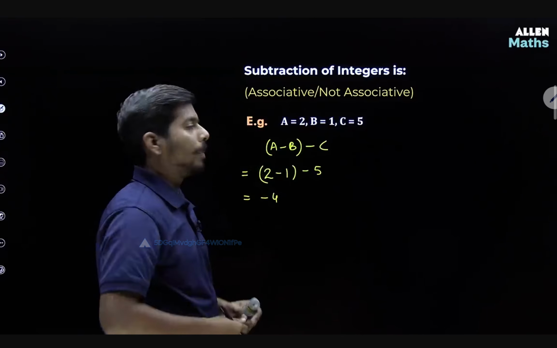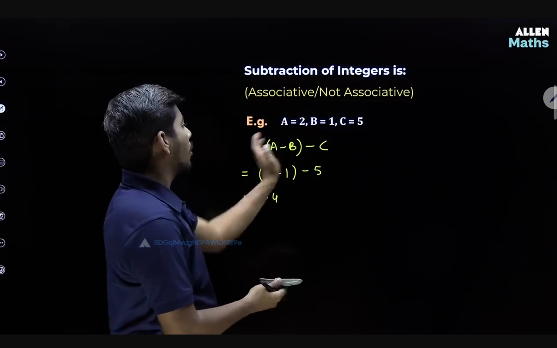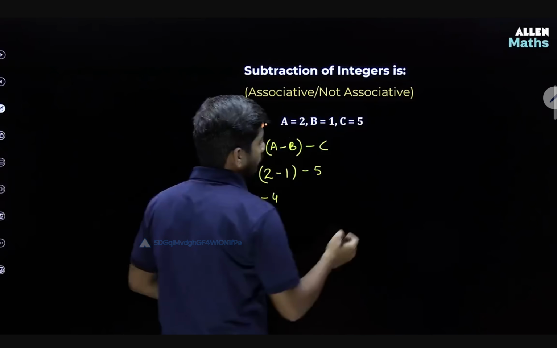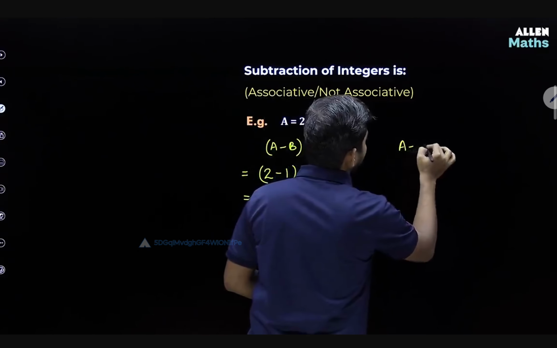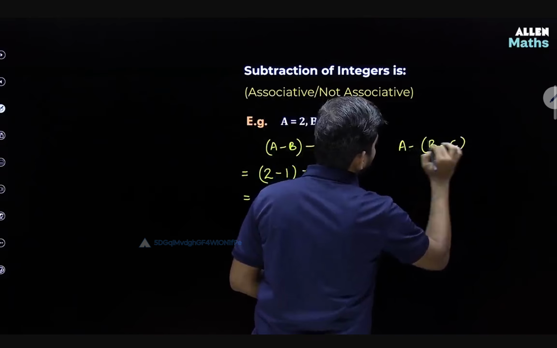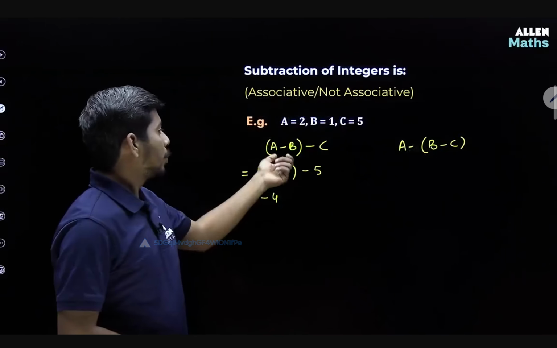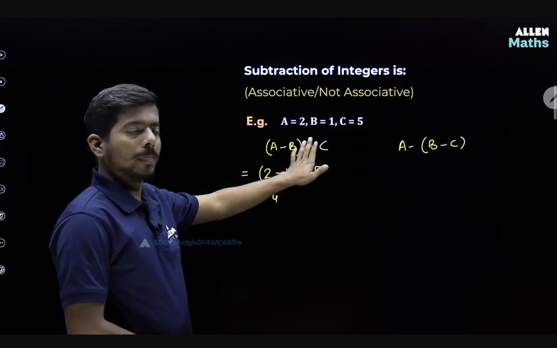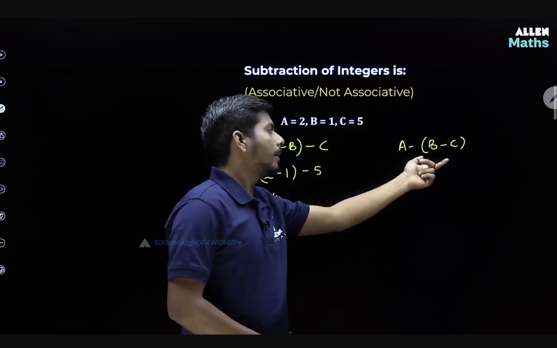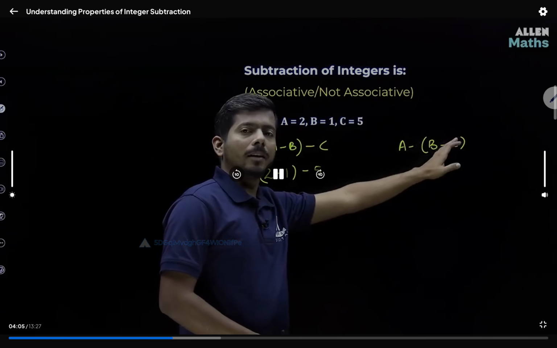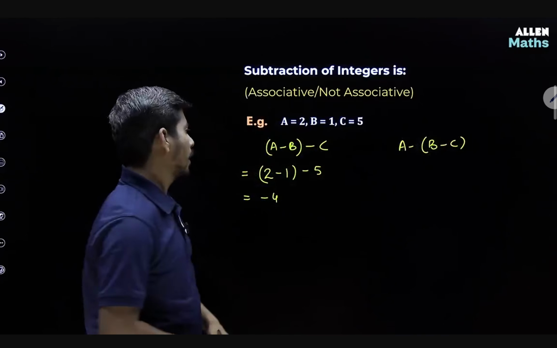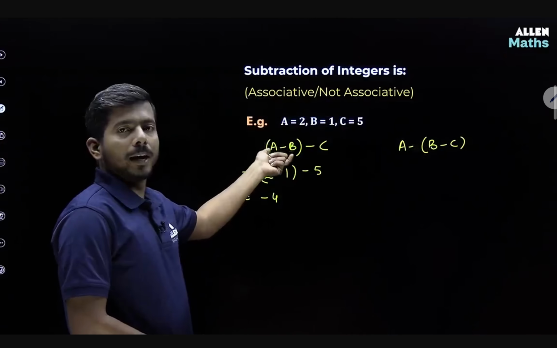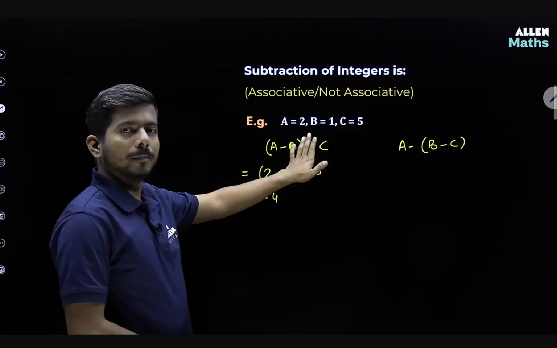Now we have to change the grouping, or the order of grouping. So first we grouped a and b, and c was separate.